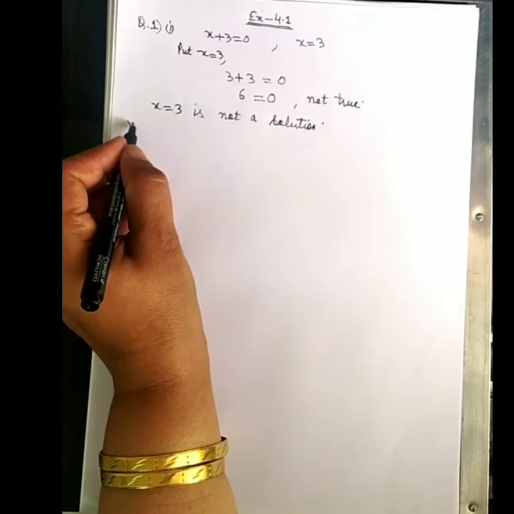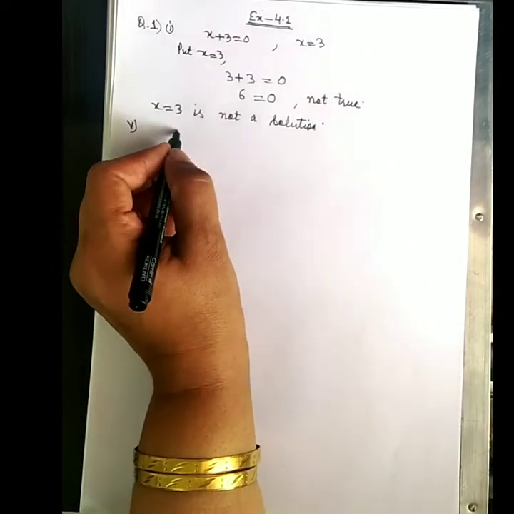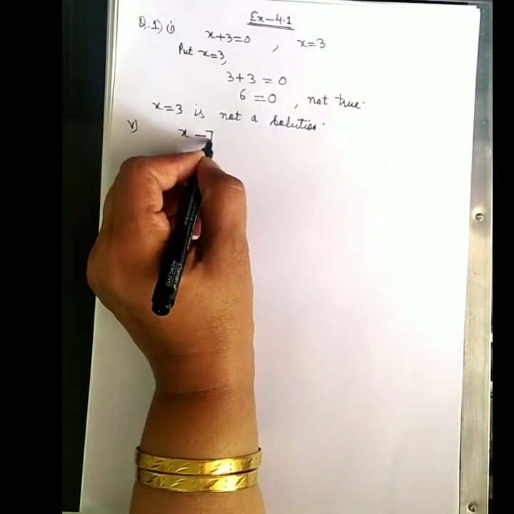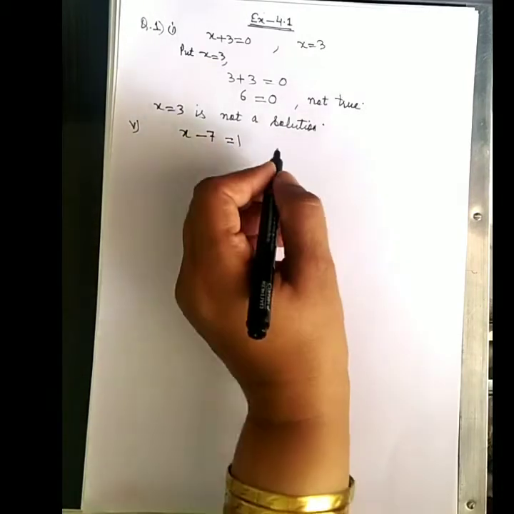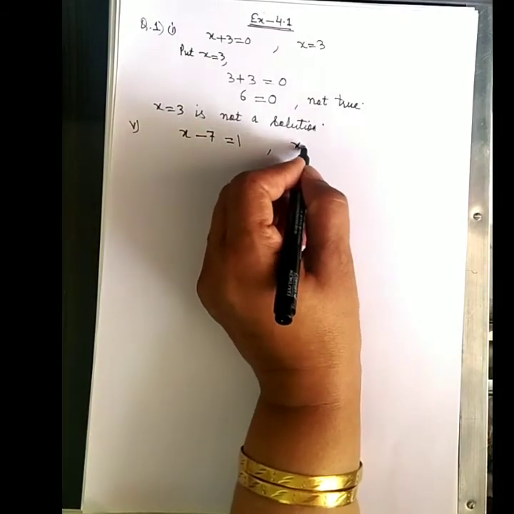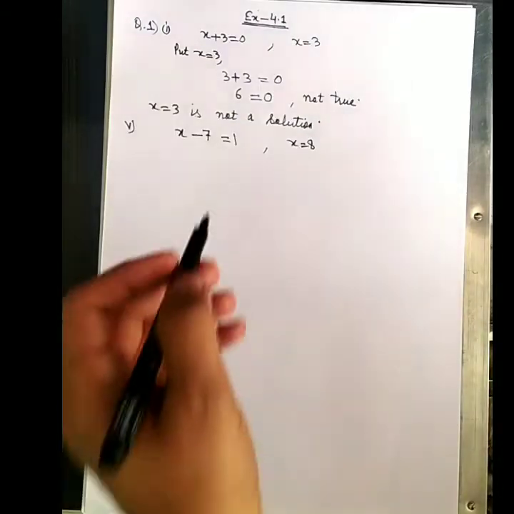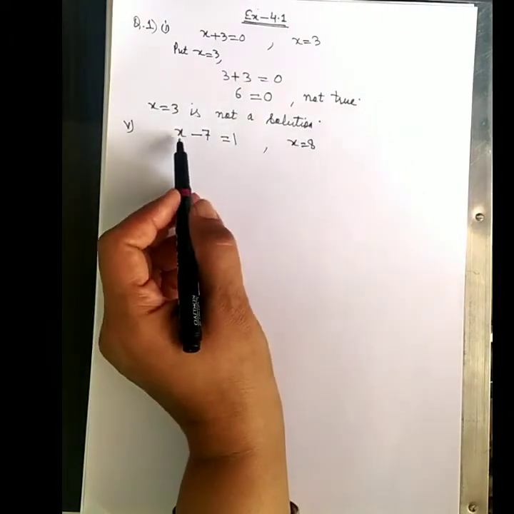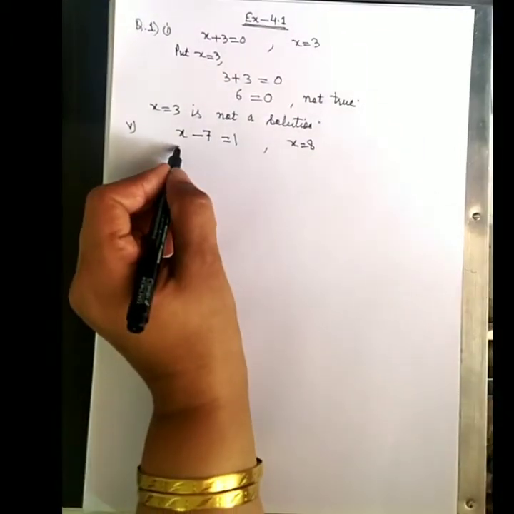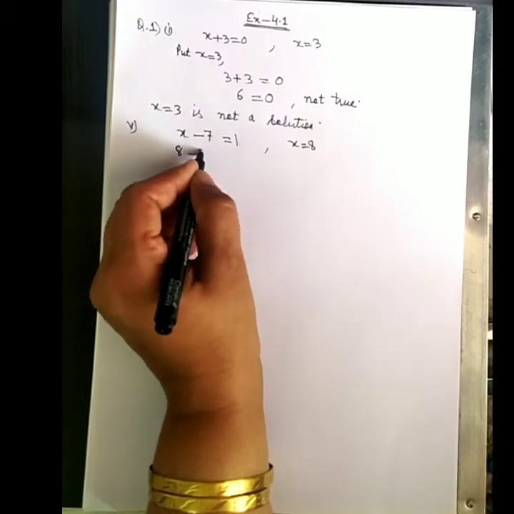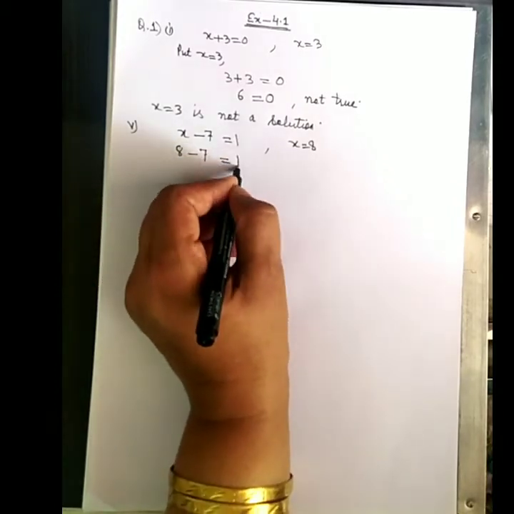Next part, fifth part. x minus 7 is equal to 1 and the value of the variable is 8. Now put x is equal to 8 in this equation.